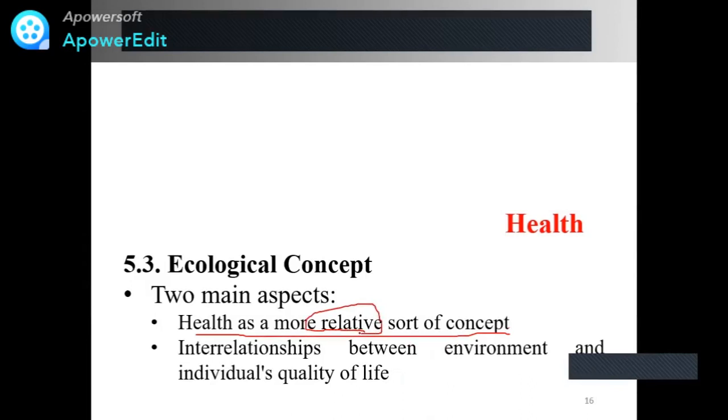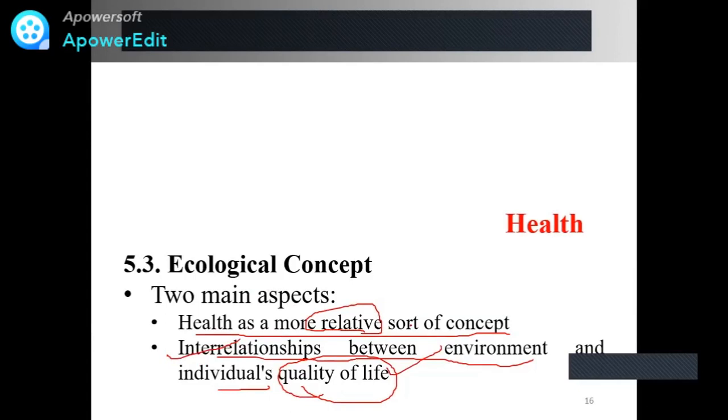Relative concepts. Then second, by placing a great emphasis on the interrelationship between environment and individuals. Consider two factors: one is interrelationship and the other is the environment.